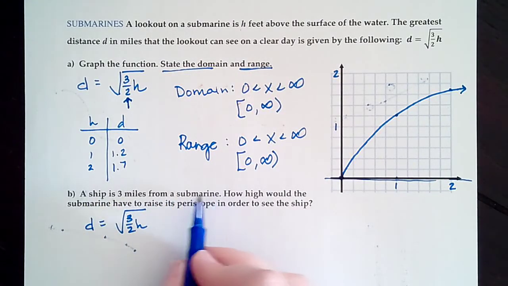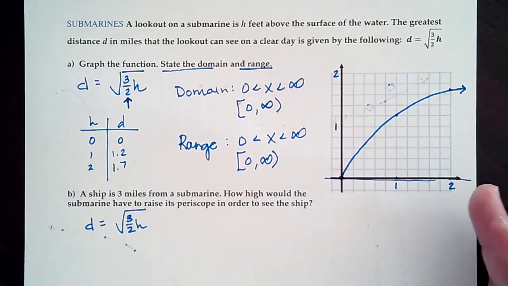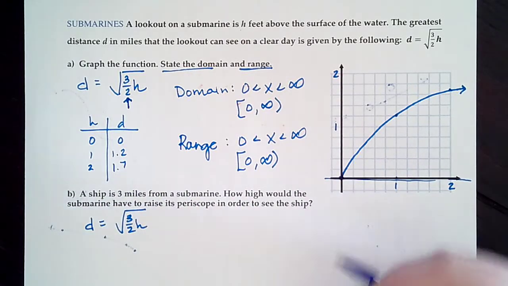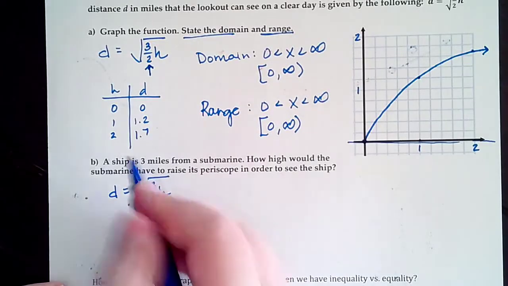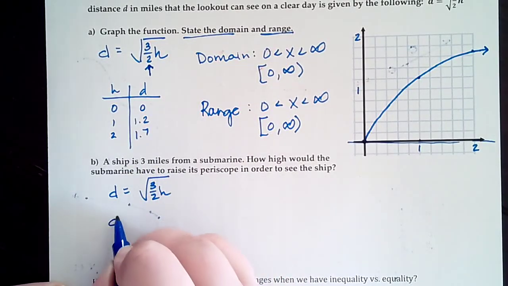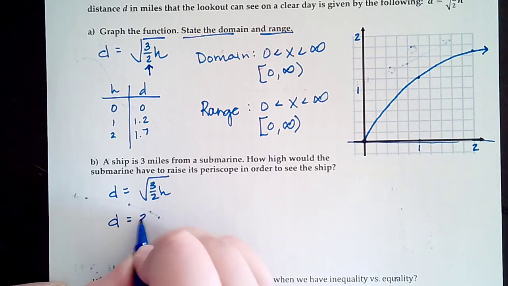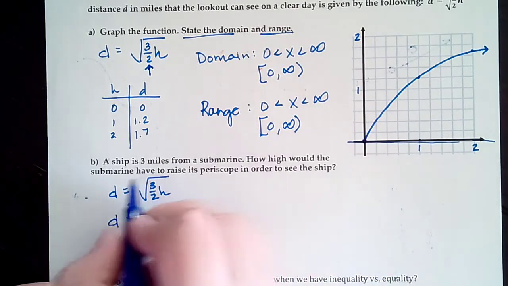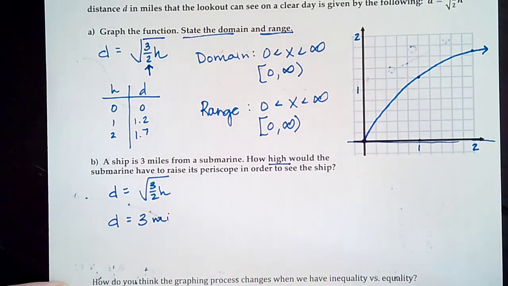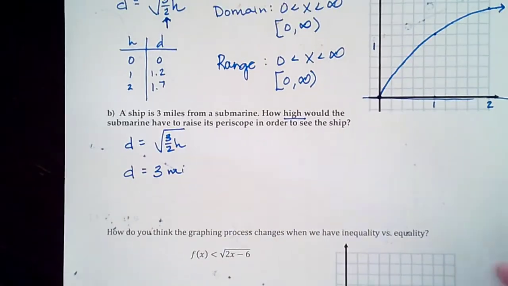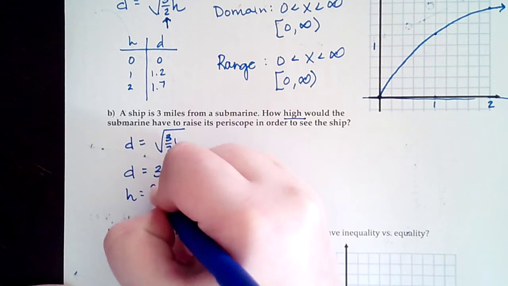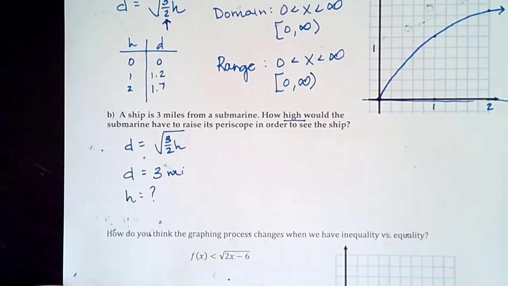That is a distance from our submarine to our ship. The ship isn't flying up in the air. So I can already tell you, since that 3 miles is a distance, my d is going to be 3 miles. And then it says how high, aka height, would the submarine have to raise its periscope in order to see the ship? That tells me that I'm looking for my height.